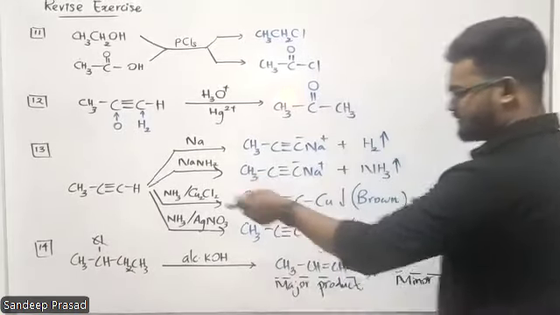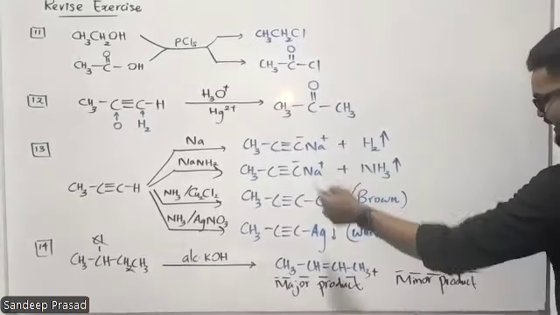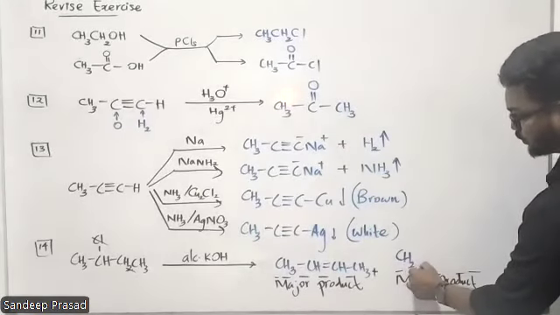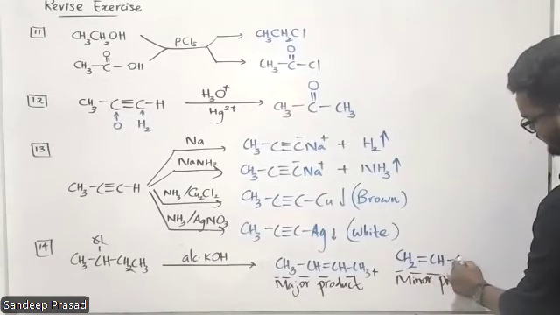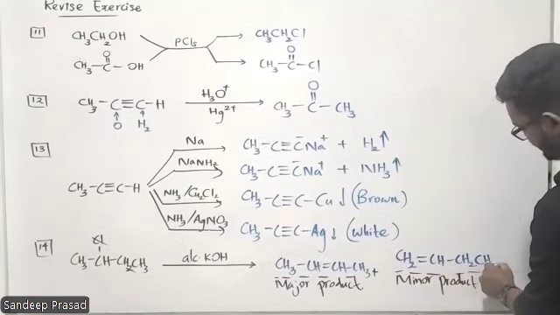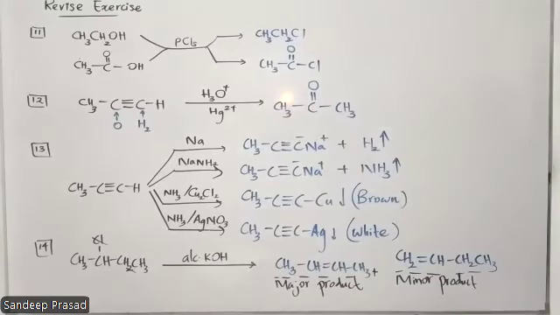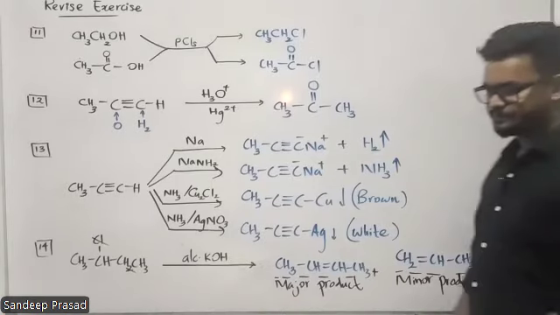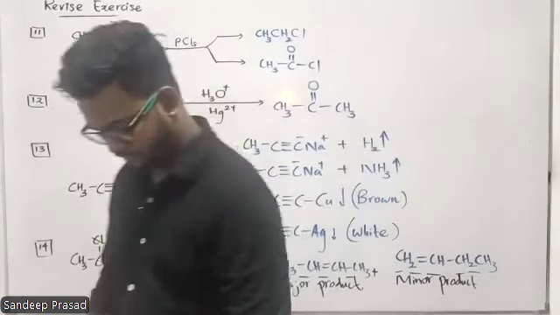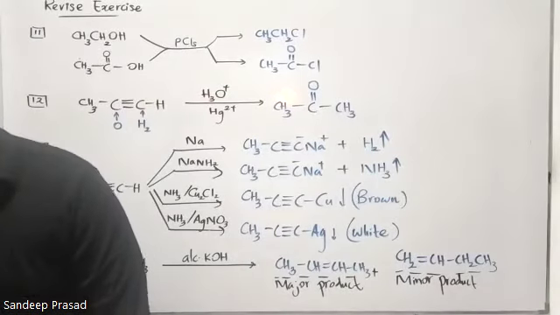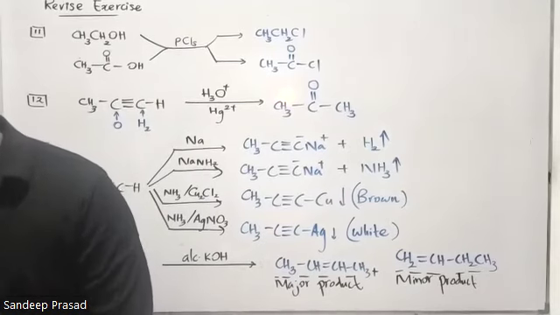So we remove hydrogen from the left hand side carbon. So CH2 double bond CH, CH2, CH3. This is the minor product of the reaction. Okay. Number 14, it's like this.